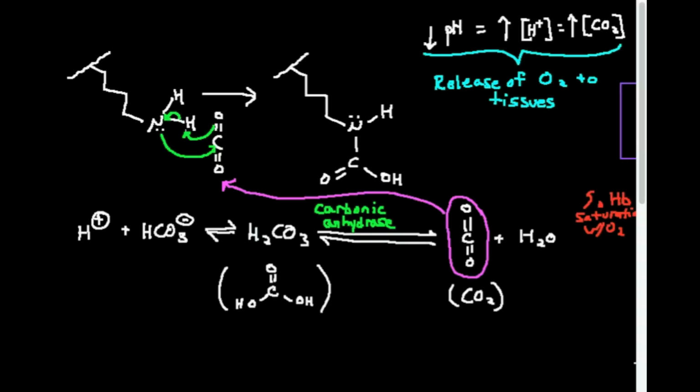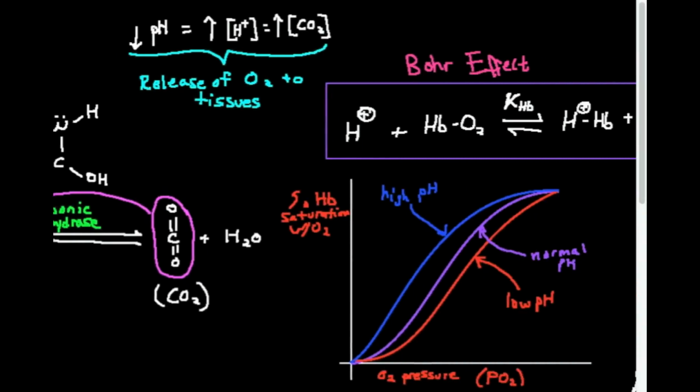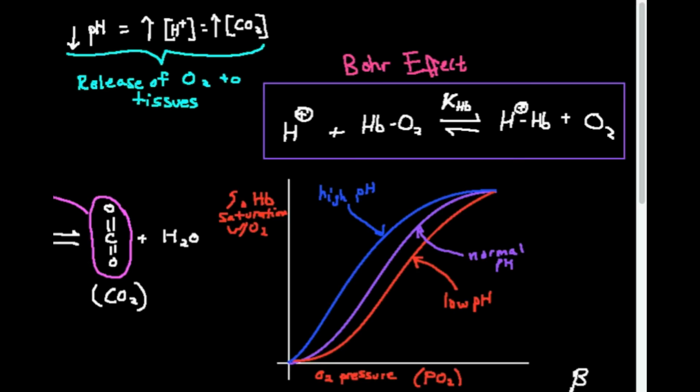The concept of the Bohr effect is basically summarized right here by this molecular equation. What it says is that whenever you have an area in the body, the blood that is, because that's where hemoglobin is, when you have an area of low pH, that corresponds to a high hydrogen ion concentration, and that also tends to correspond to a high carbon dioxide concentration.